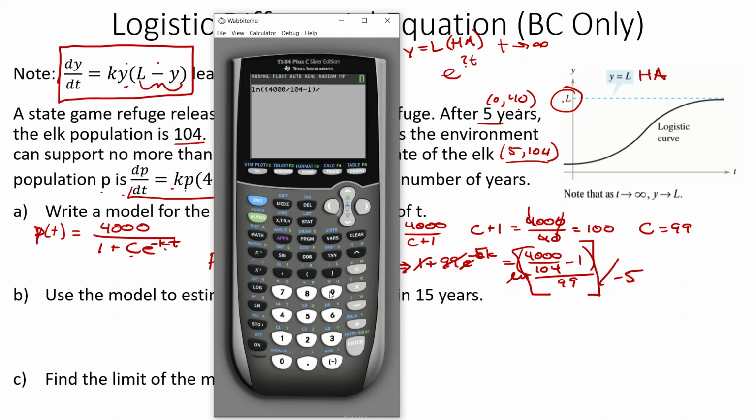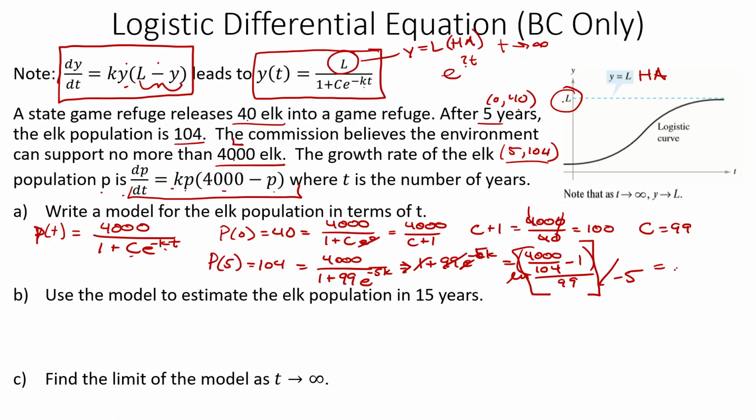And that's divided by 99. And then close parentheses again. That's closing the natural log. And then we're dividing all that by negative 5. 0.19436. And that's our K.